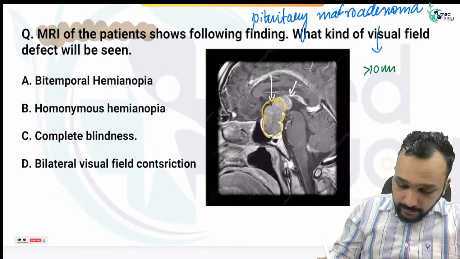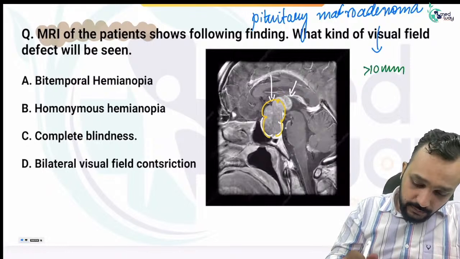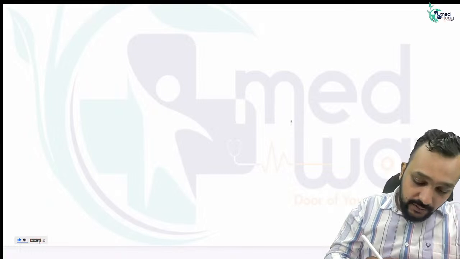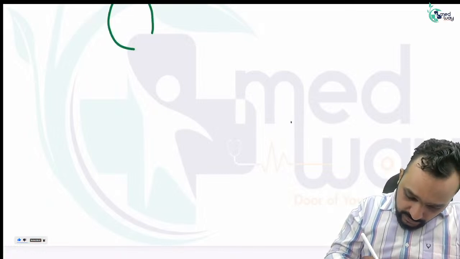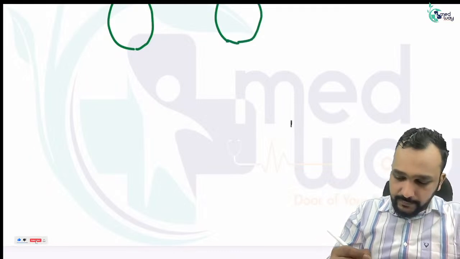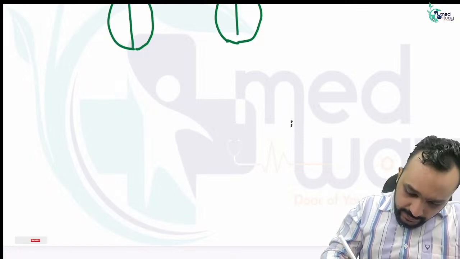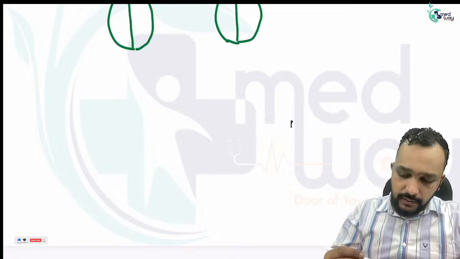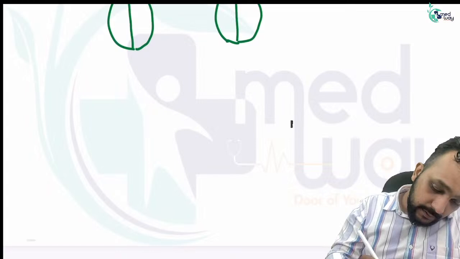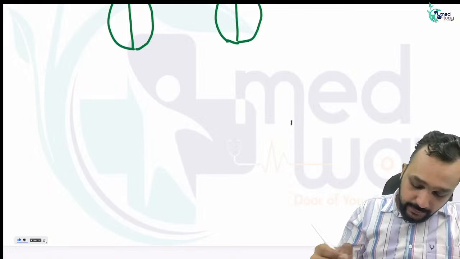So we will call an adenoma a pituitary macroadenoma when the size of the lesion is more than 10 mm, right? Now guys, we need to know what is the kind of visual field defect that we will see in these patients. So if I draw the two orbits, right, and if I divide this orbit into two parts, temporal, okay, and the medial part, right, this is the temporal side and this is the medial side again.